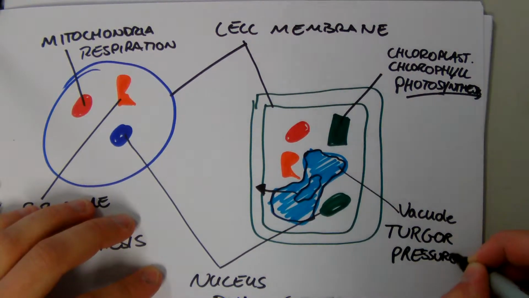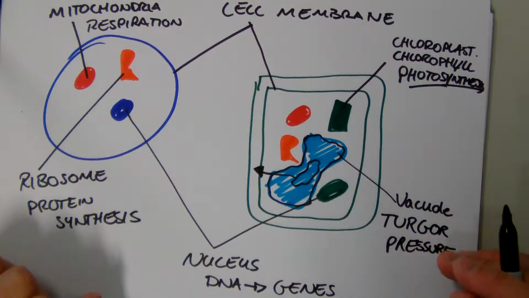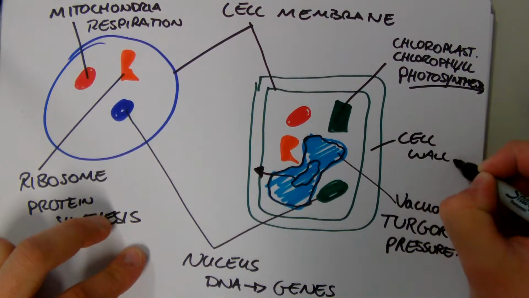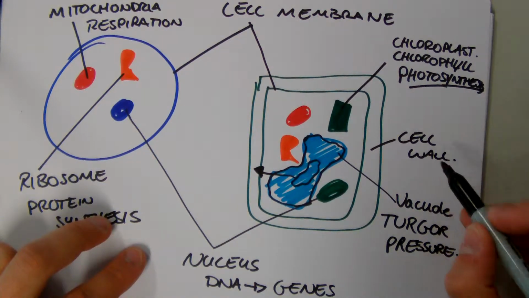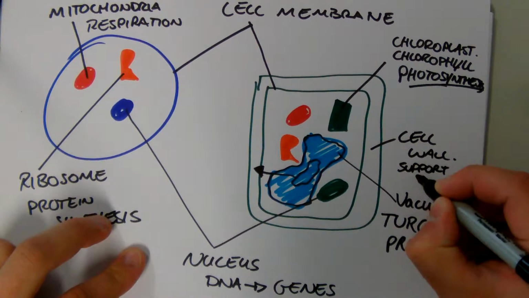So if there's no turgor pressure, then there is going to be a wilted plant. The last thing is my cell wall. The cell wall is responsible for support and structure. It's also a barrier for any pathogens that might want to come in.